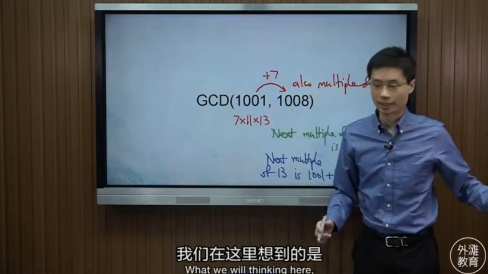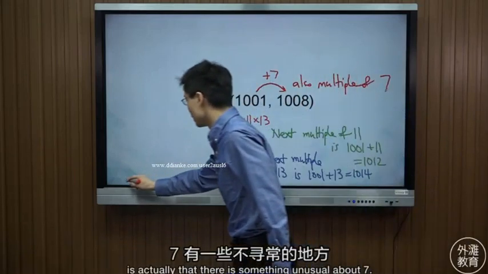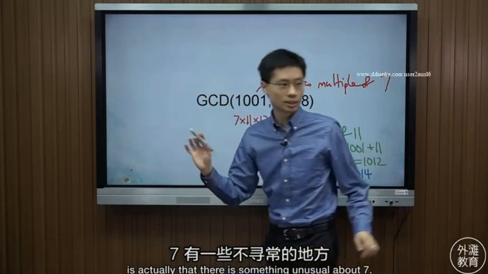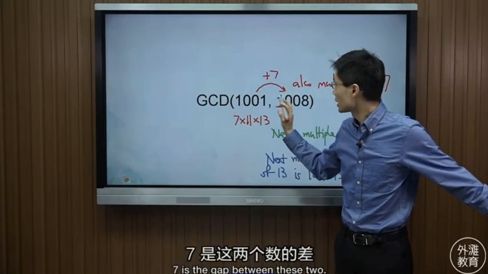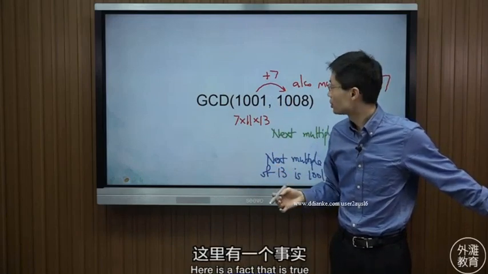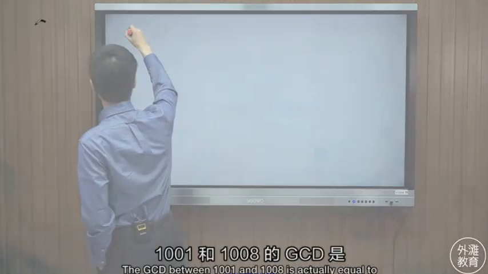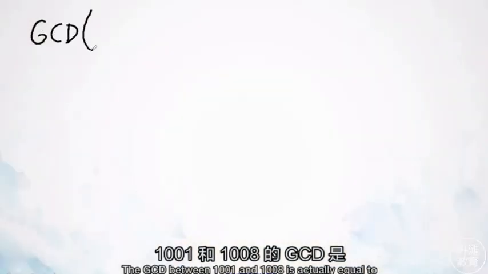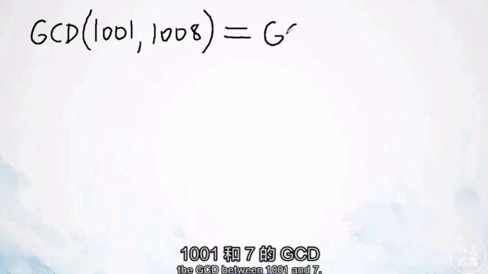What we were thinking here is actually that there's something unusual about 7. 7 is the gap between these two. Here is a fact that is true. The GCD between 1001 and 1008 is actually equal to the GCD between 1001 and 7.